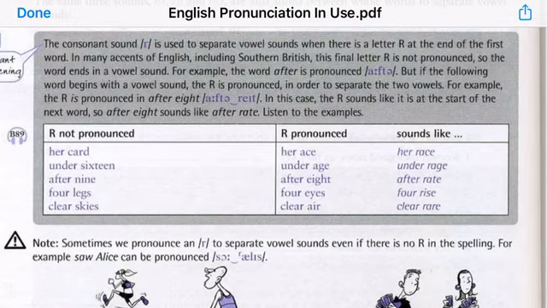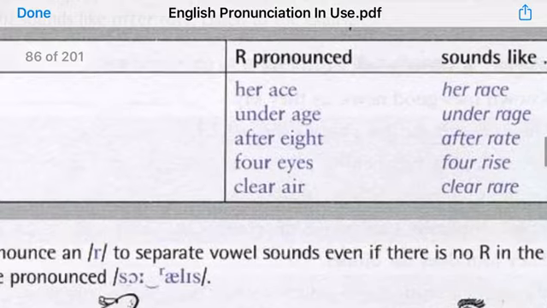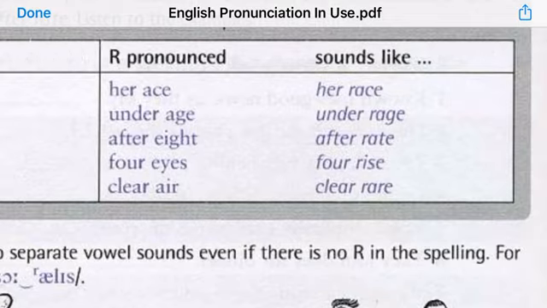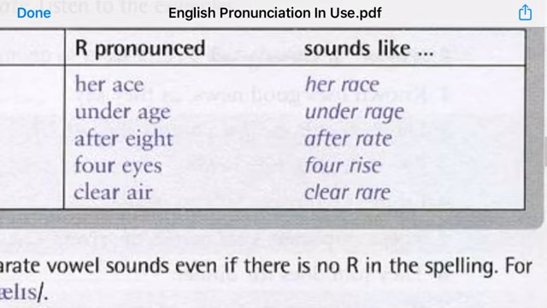Her race, under rage, after rage, for rise, clear, rare. So we pronounce these words as if they were spelled like this, because the R will move into the next word.